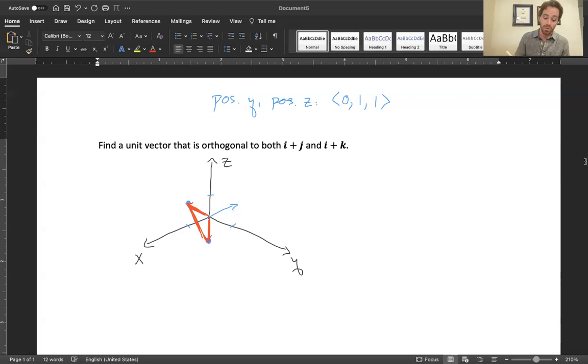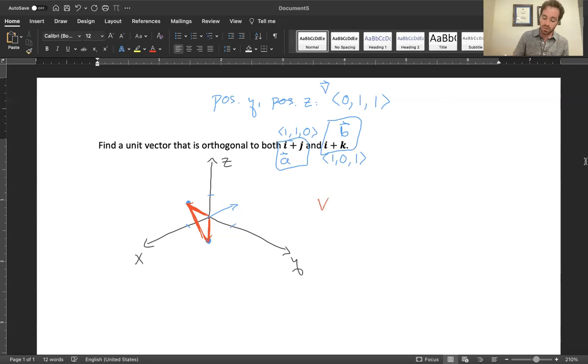So watch this. I plus j is 1, 1, 0. I plus k is 1, 0, 1. So 0, 1, 1. Let's call this our vector v. And here we'll call this vector a and this vector b, just so that we can have names for them.